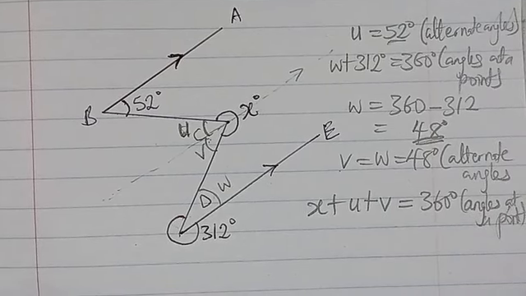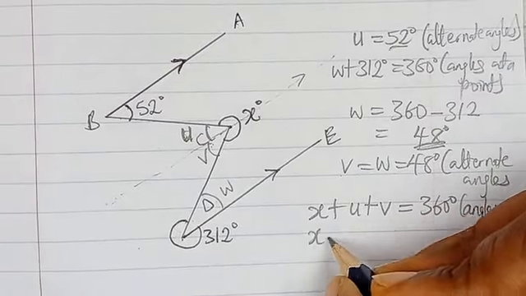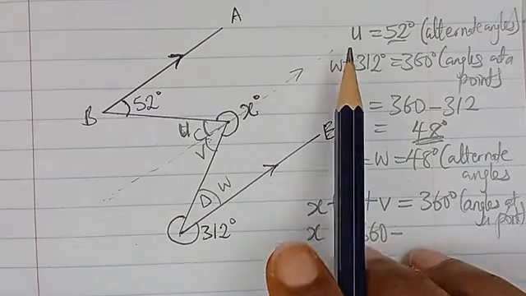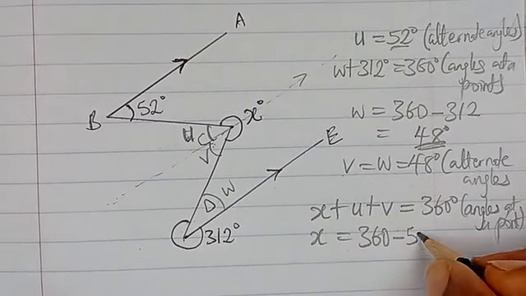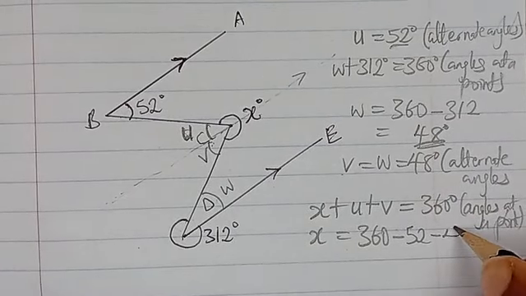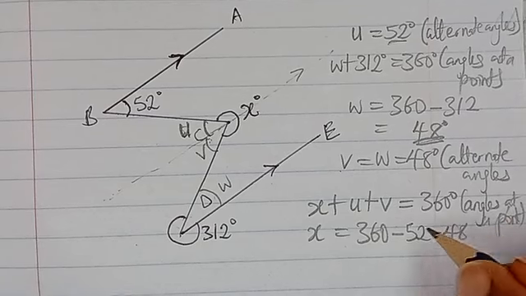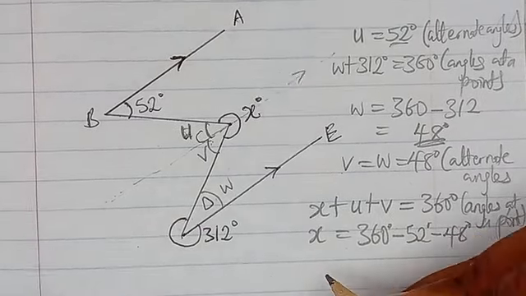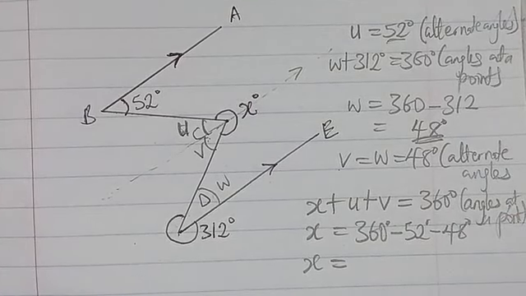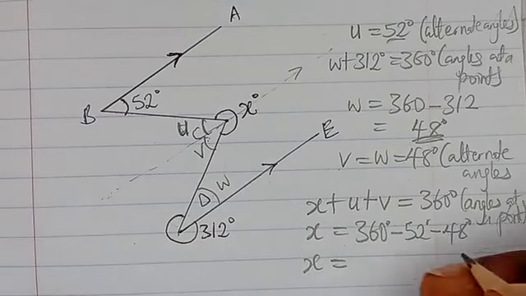So X is equal to 360 degrees minus U, where U is equal to 52, minus V, where V is equal to 48 degrees. So we have that angle X is equal to 260 degrees.